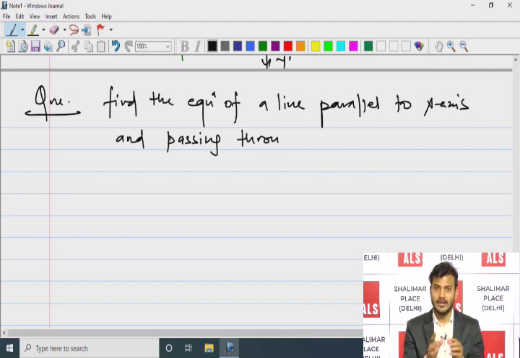The slope is fixed. Slope will be either 0 or not defined.